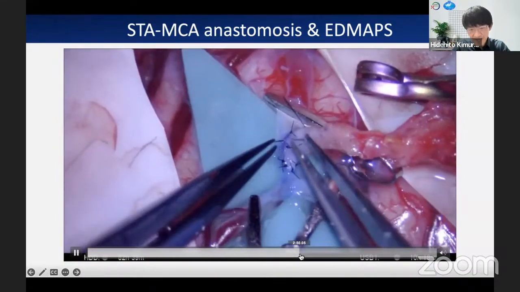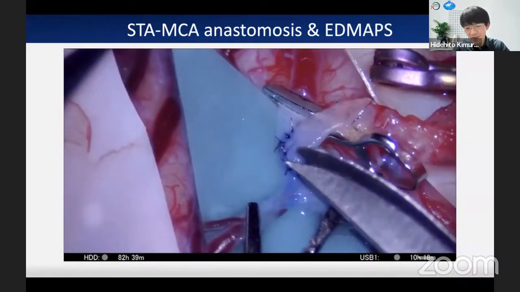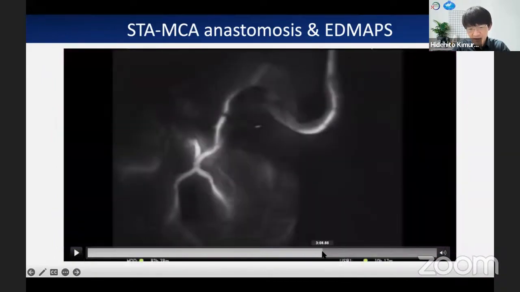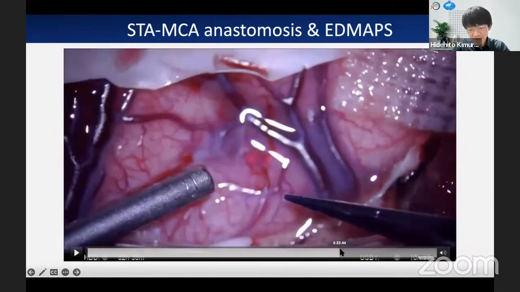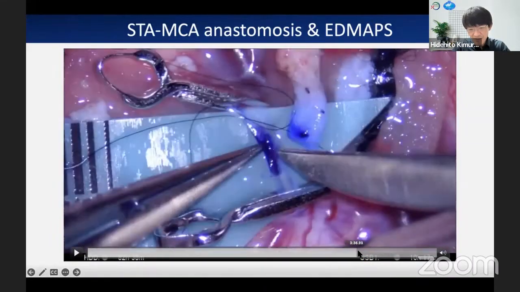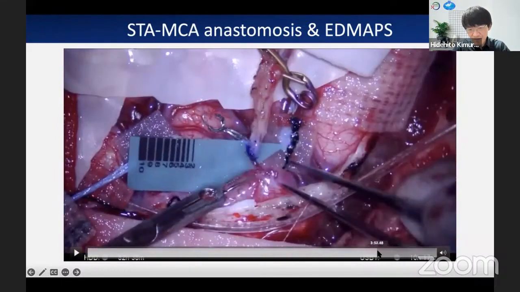As I mentioned, in every needle insertion you should care about the lumen. You should watch the lumen of the recipient artery. The first anastomosis was completed, and then I proceeded to the second anastomosis, and pyoktanin dye was used to visualize the cutting edge well.